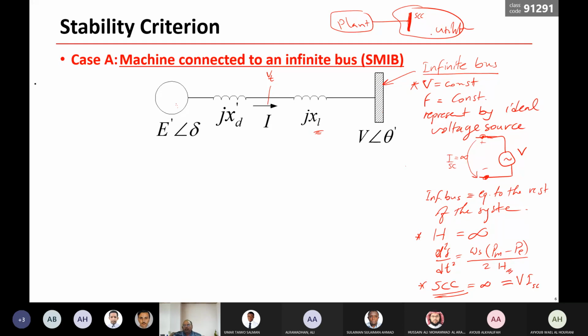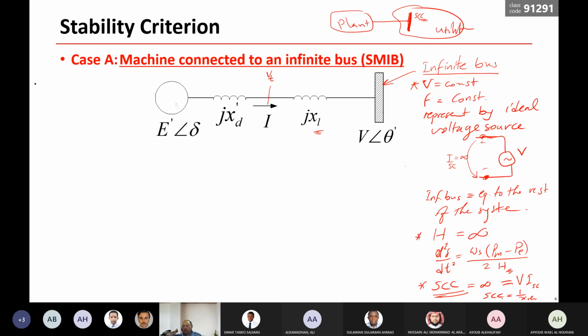Usually, if you are given the short circuit capacity at a certain bus, it can be approximated as 1 over X equivalent. The short circuit current equals V over X, and the voltage is approximately 1 per unit, so the current here will be 1 over X approximately.